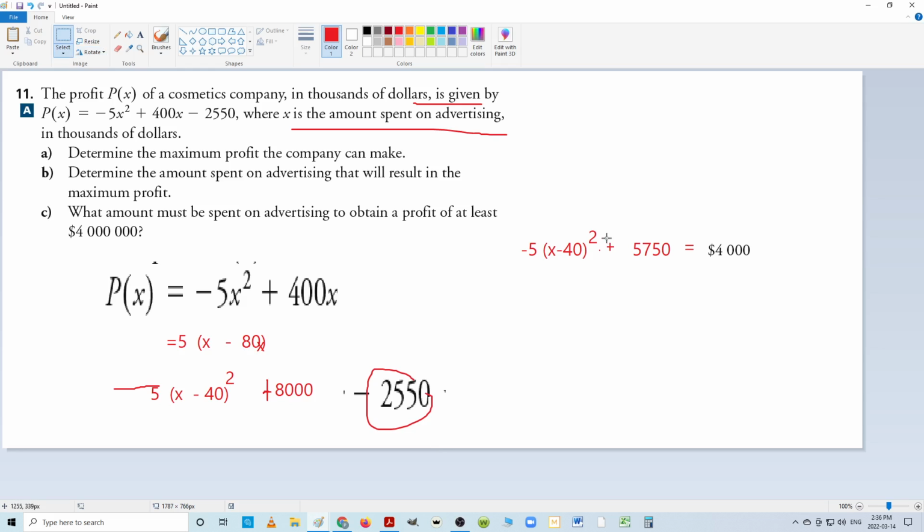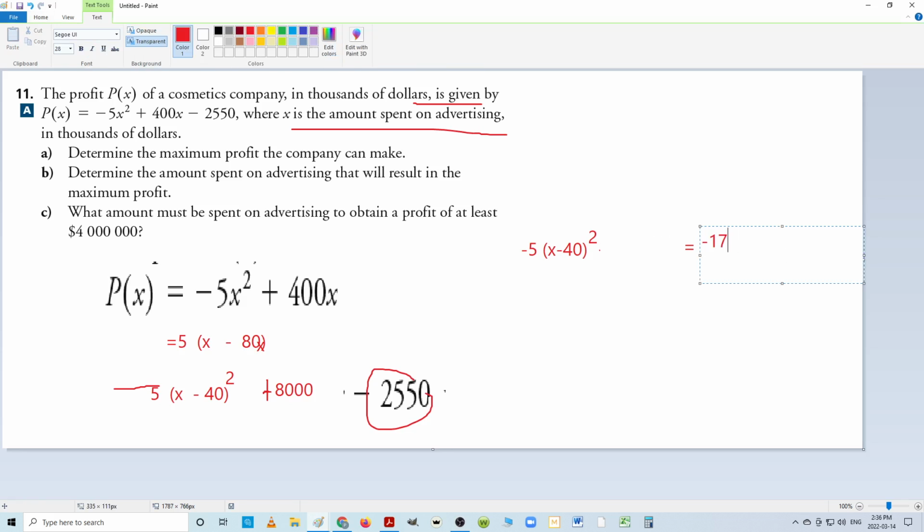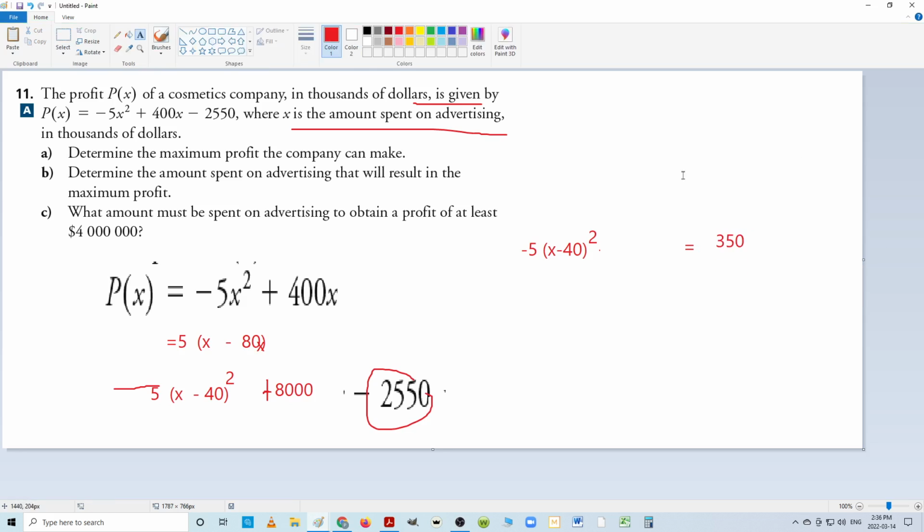When I subtract 5750 from both sides, it becomes negative 1750. When I divide that by 5, negative 5 goes into 17 3 times, goes into 25 5 times, and I end up with that. So that's after I divide both sides by negative 5.